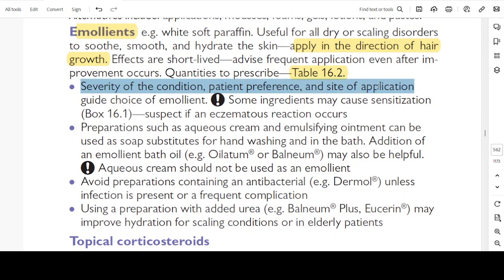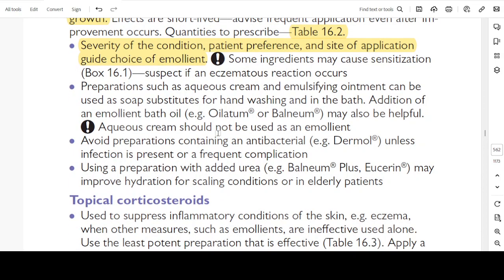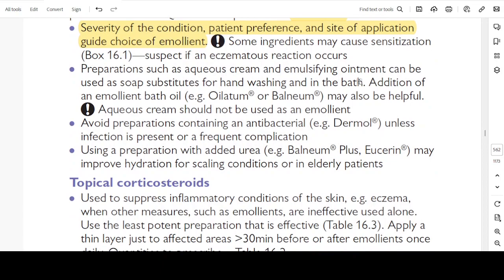Patient preference and site of application guide the choice of the emollient. Some ingredients may cause sensitization, see Box 16.1. Suspect if an eczematous reaction occurs. Preparations such as aqueous cream and emulsifying ointment can be used as soap substitutes for hand washing and in the bath. Addition of emollient bath oil, Oilatum or Balneum may also be helpful.